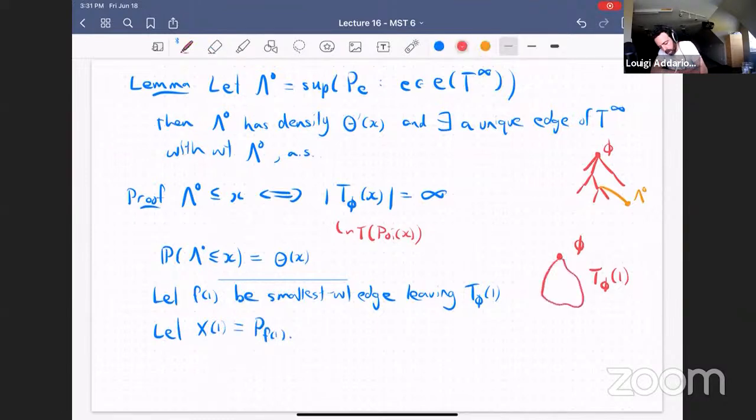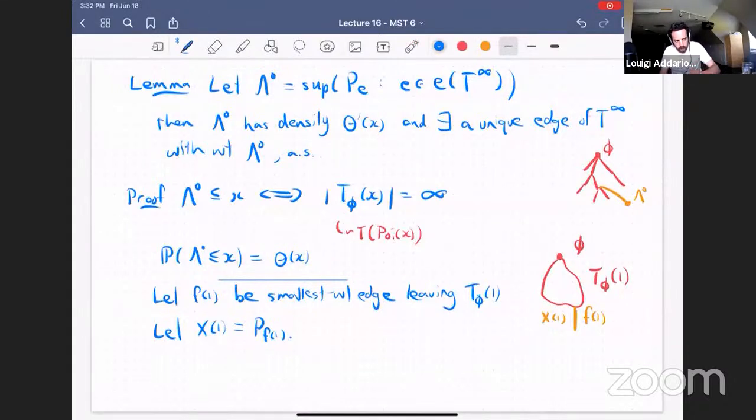We have this blob, which is the first critical tree, and then somewhere leaving the blob, we have an edge F1 whose weight is X1. Now I want to inductively increase my threshold for exploration and explore everything connected to here whose weight is at most X1. That'll get me some more tree.